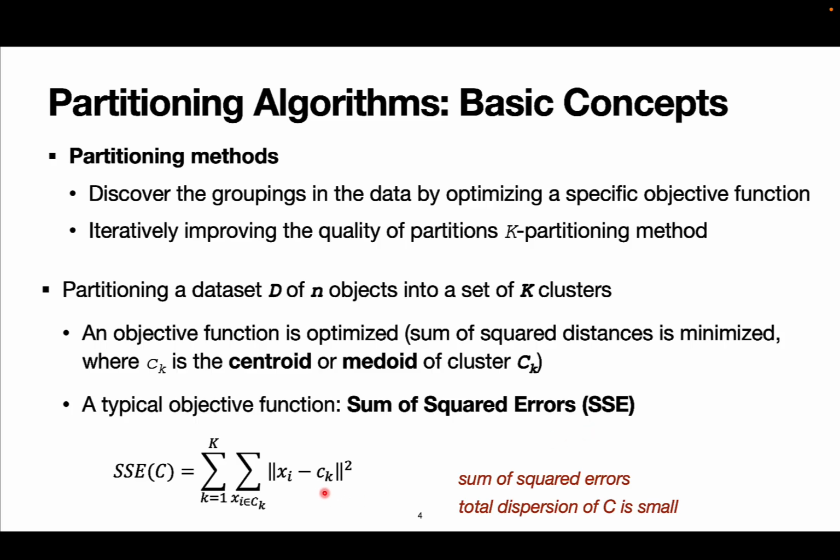Here, ck is the centroid for the cluster, and xi represents each data point that belongs to that cluster. In other words, we are trying to find a partition of the dataset such that the sum of squared distances between each point and its cluster center is as small as possible.